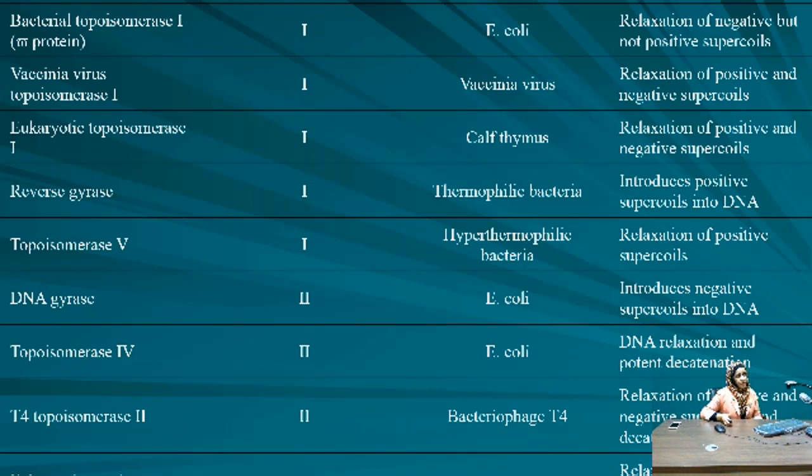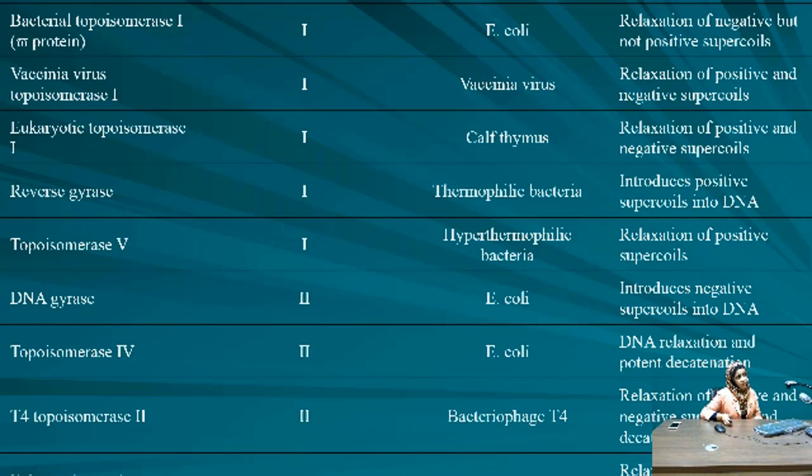So the type I works on the negative supercoils but not positive supercoils, while vaccinia virus topoisomerase I works on relaxation of positive and negative supercoils.